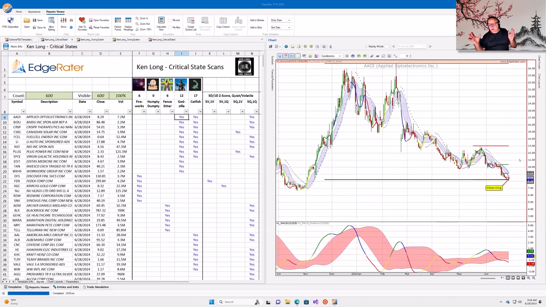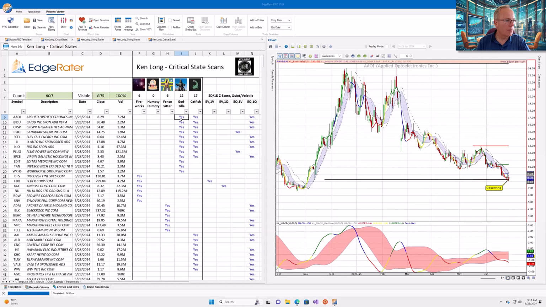And as long as I don't have an emotional commitment to it, if I don't have a directional bias, all I got to do is frame it. Oh, I don't even have to frame it because Chris already did. And all I got to do is follow the rules and follow the price and manage my exits so that I have a professional response to changes in price behavior. That's the secret of this thing.